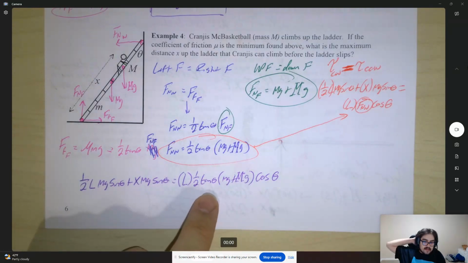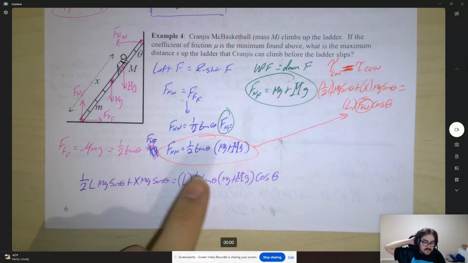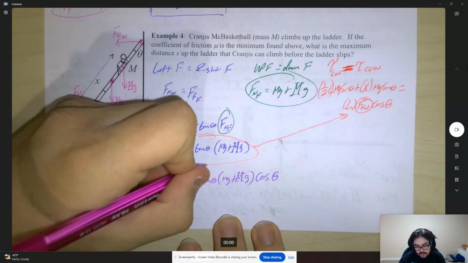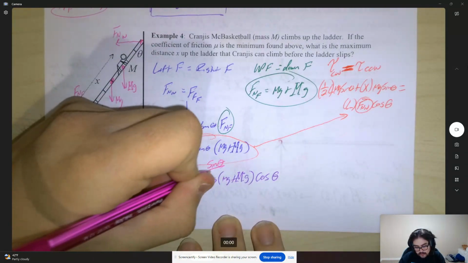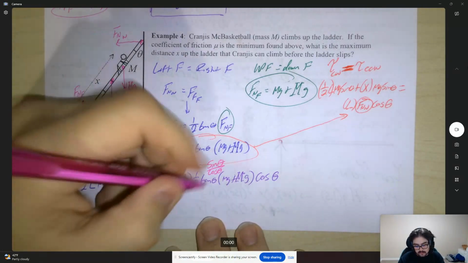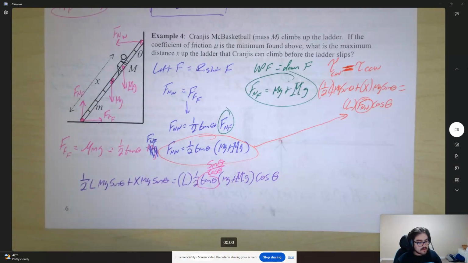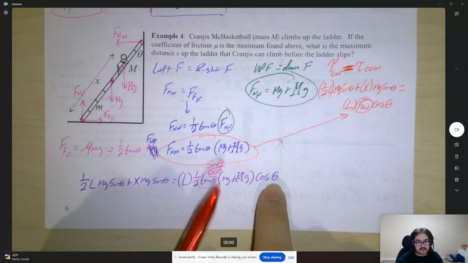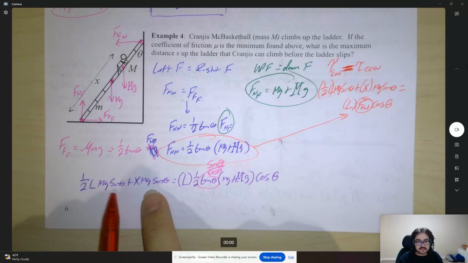If you recognize that tangent theta is sine over cosine, you can make your life so much easier. Because if you know that tangent theta is equal to sine over cosine, then you can recognize that cosine theta will cancel out with the cosine theta right here, and then when you divide sine on both sides, it cancels out those sines.